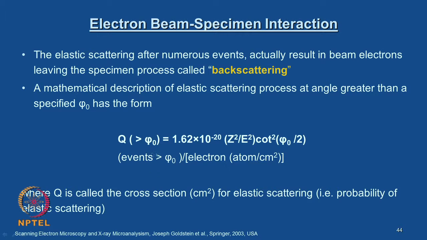So, this is scattering events greater than phi naught divided by the electron, which is atoms per centimeter square, where Q is called the cross section, which is in centimeter squared for elastic scattering, that is, the probability of elastic scattering, which is given in this form.